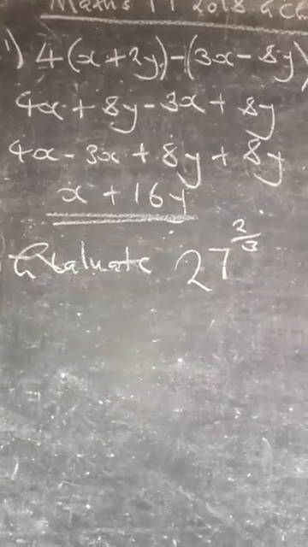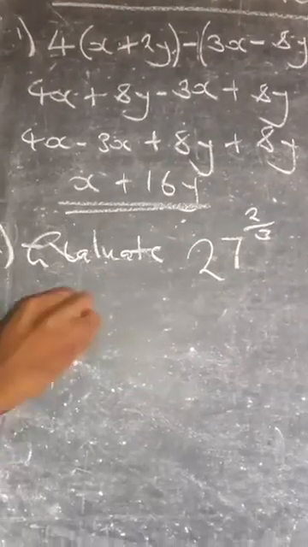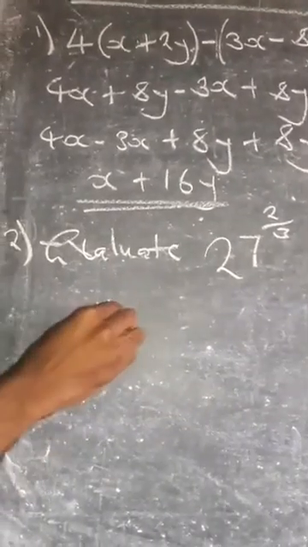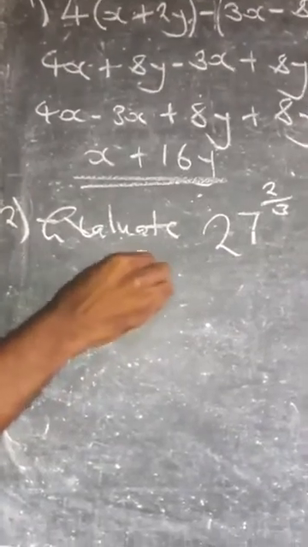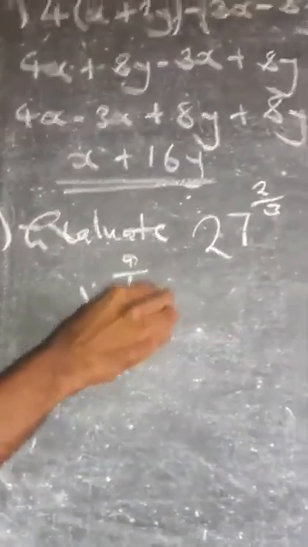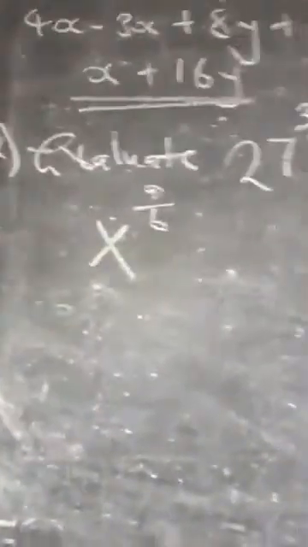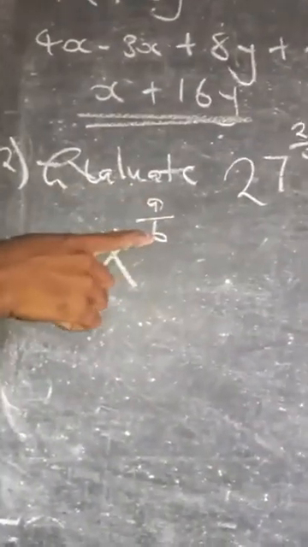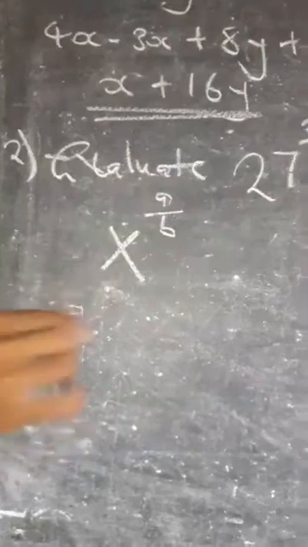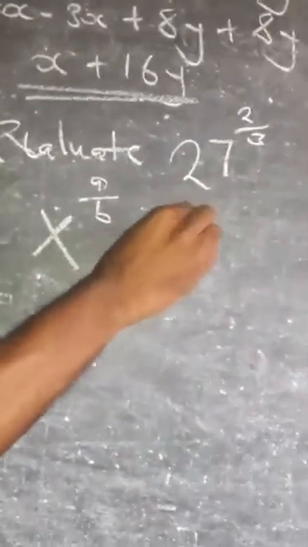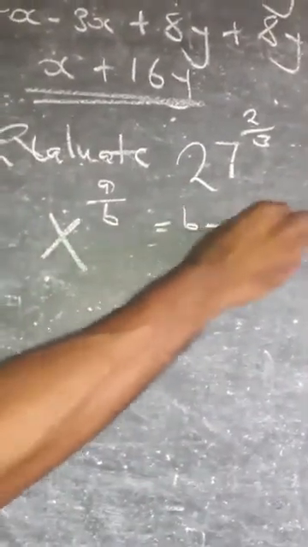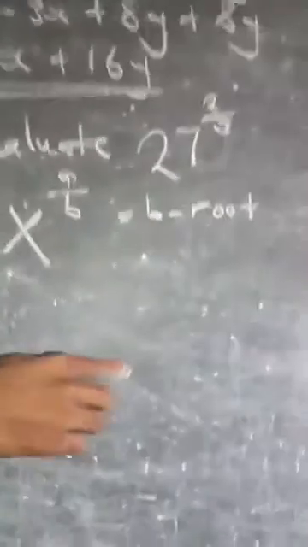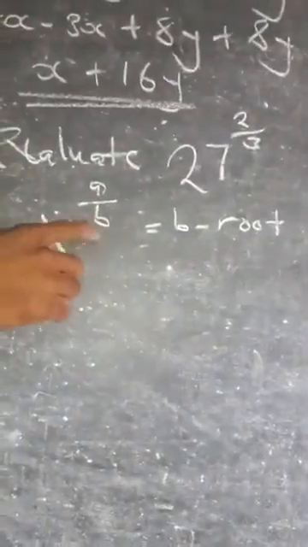Now, whenever we have x to the power a over b, this might be any number that you have. Number 1, b is known as the root.